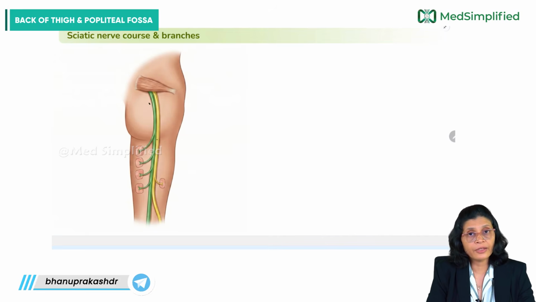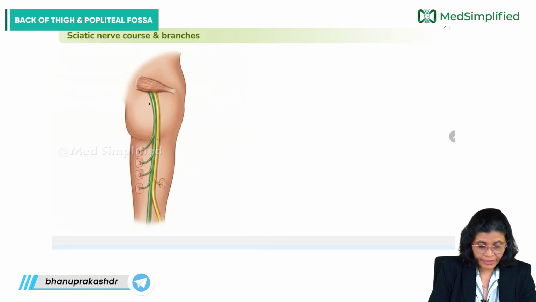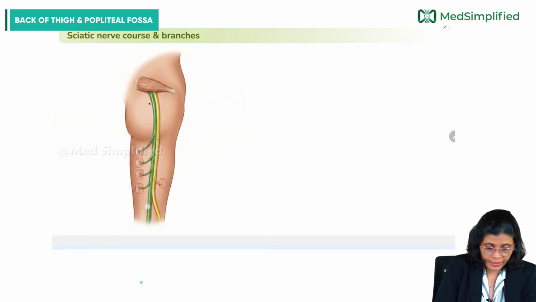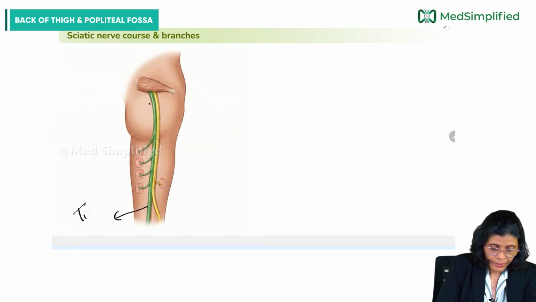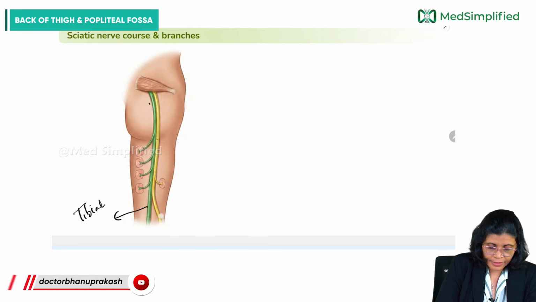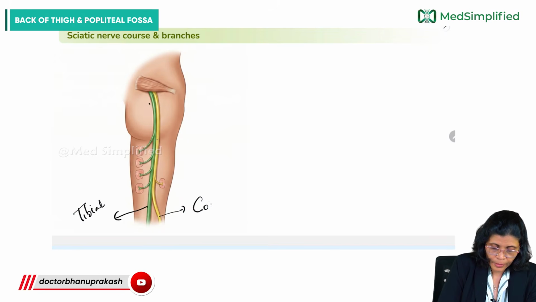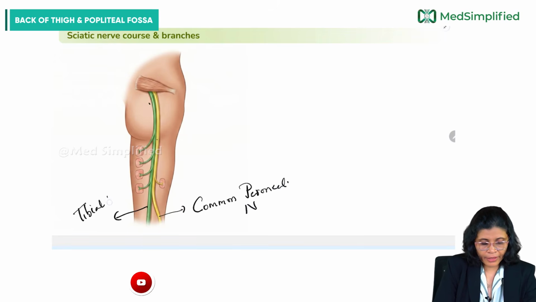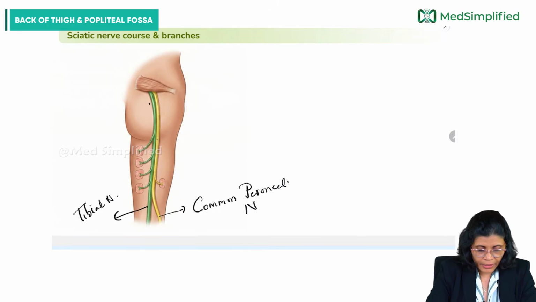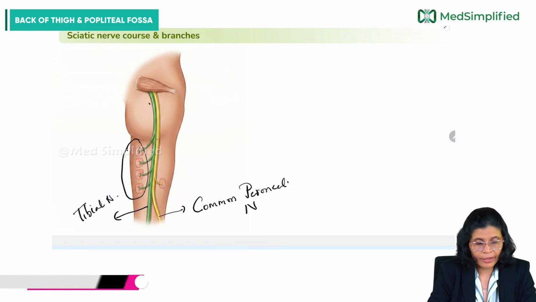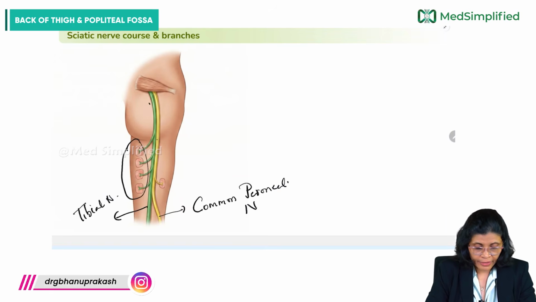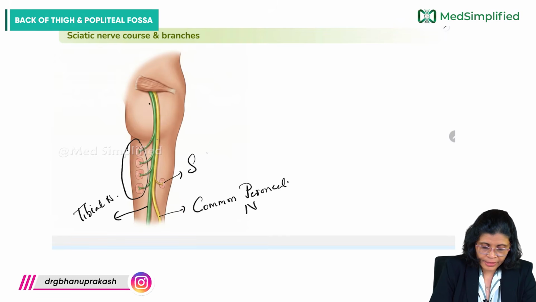And at the superior angle of the popliteal fossa, it will divide into two components, the tibial and the common peroneal nerve. So you can see the tibial nerve supplying all the four hamstrings, whereas the common peroneal nerve supplies the short head of biceps.